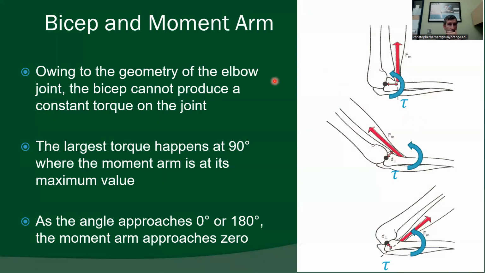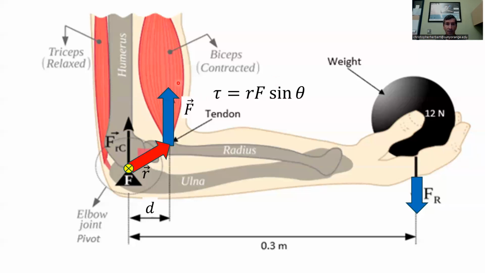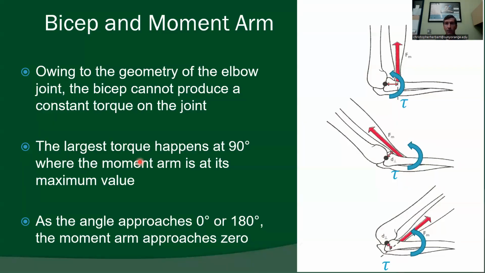Now, what's important to understand is that the torque provided by muscles is not constant. The torque for muscles actually changes because during this rotation, this distance R is actually going to become slightly smaller depending on the angle. And what happens here is at 90 degrees, we actually get the greatest moment arm here, but the moment arm gets smaller at larger angles or smaller at smaller angles.